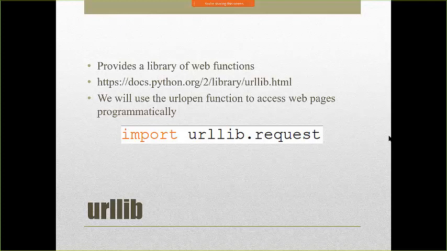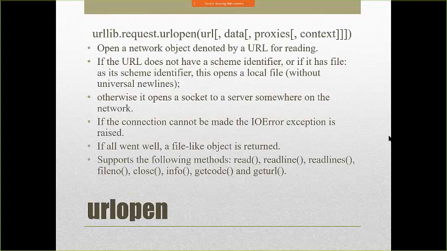So we're going to use the URL library, which provides functions to work with web pages. We're going to bring in the request function from the URL library. From URL request, there's a function called URL open, where we pass in basically the address of what we want to open.